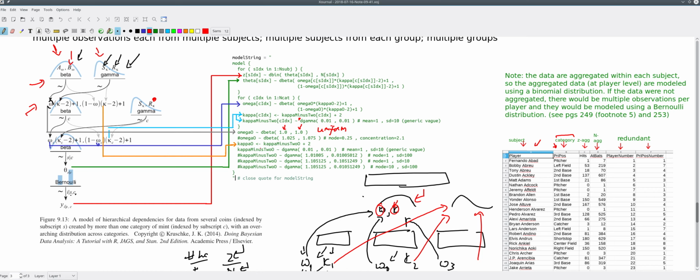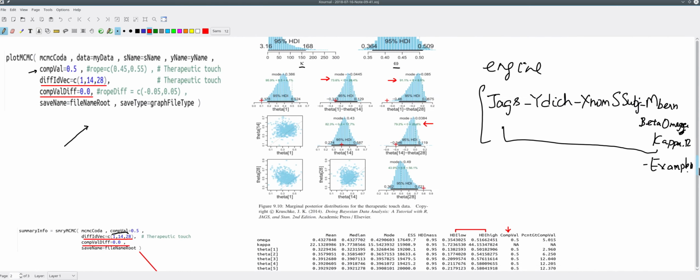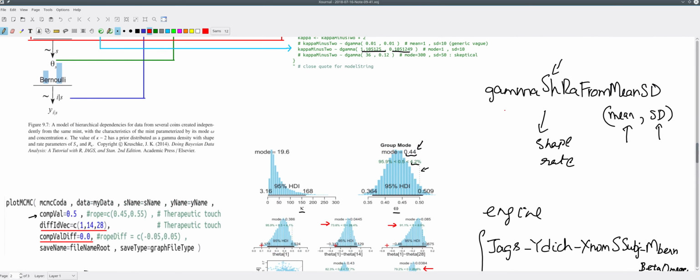And then kappa is modeled in the same way as it is done at the previous level, using the shape and rate parameters. And once again, the shape and rate parameters are computed using the function that I told you about previously. This function.